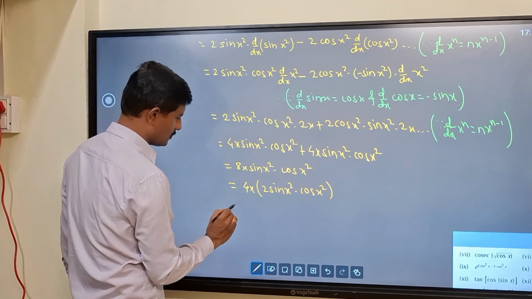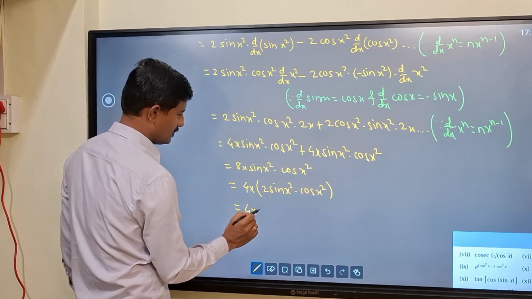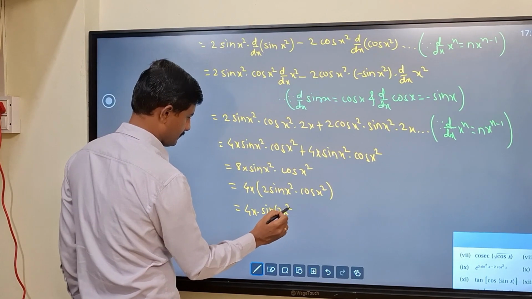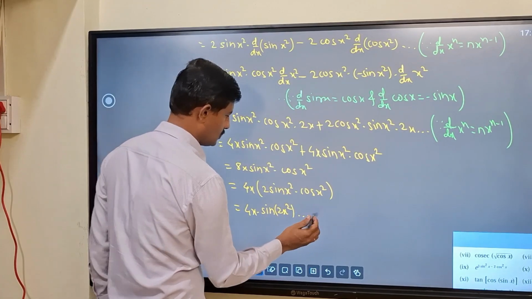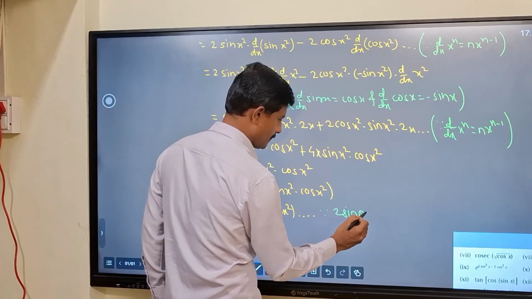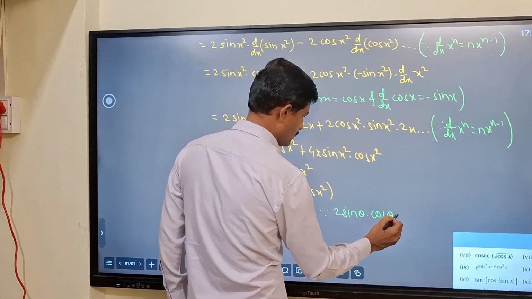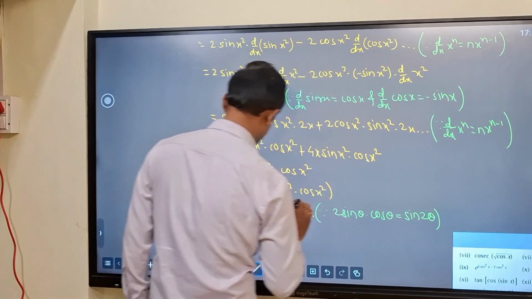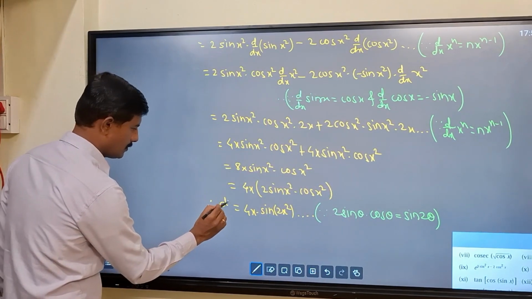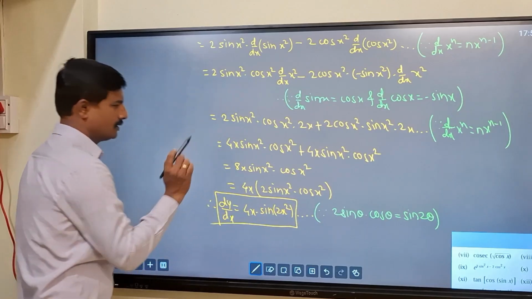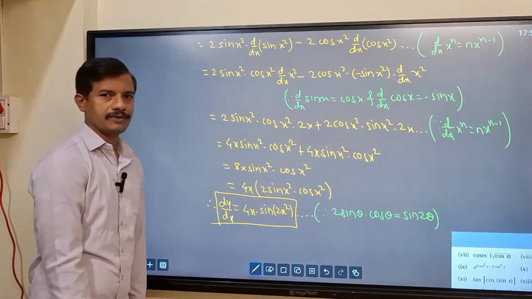This is 2 sine theta cos theta, that's why it becomes 4x into sine 2x square. Here we used the formula 2 sine theta into cos theta is sine 2 theta, therefore dy by dx becomes that. Here the second question ends.